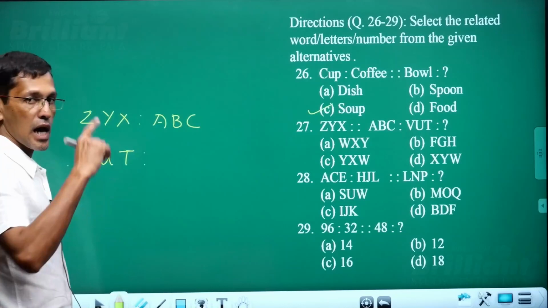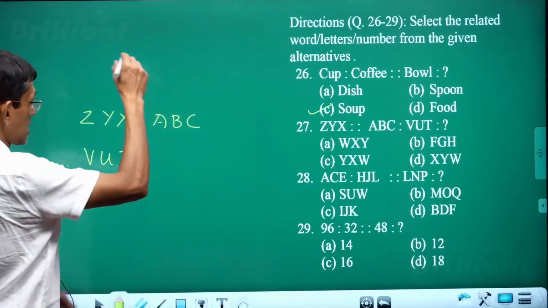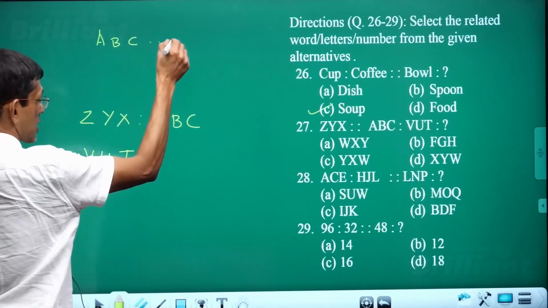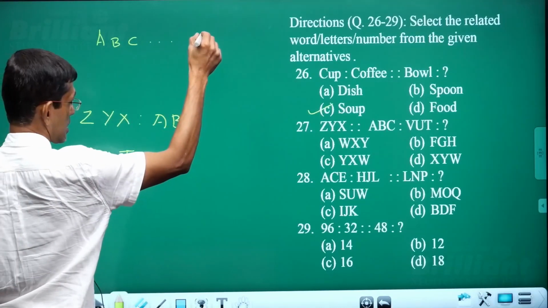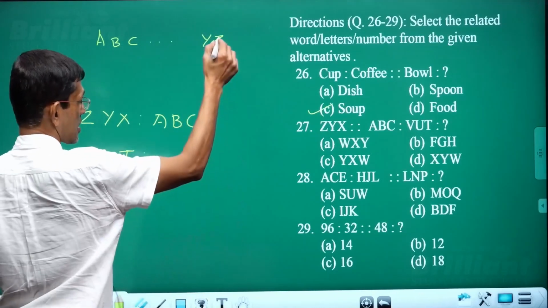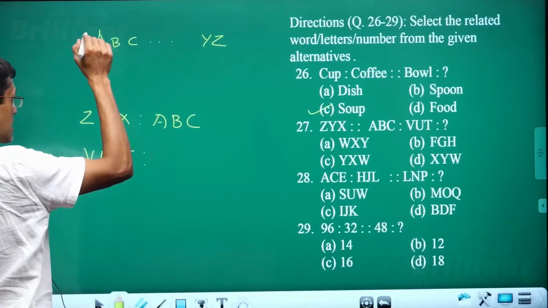Z is the last letter, or Z is the first letter from the right end, correct? A, B, C, etc. up to X, Y, Z. So this is the first letter from the last, and this is the first letter from the left.